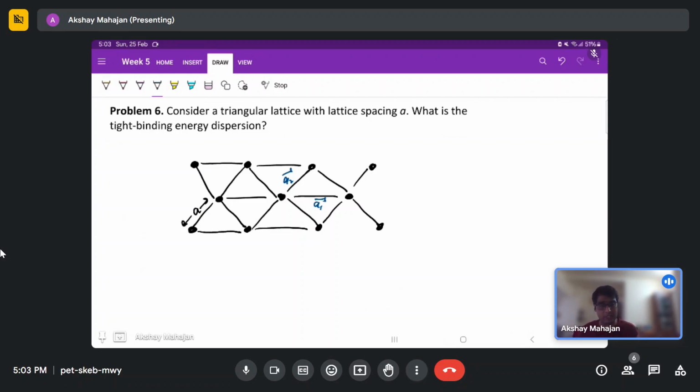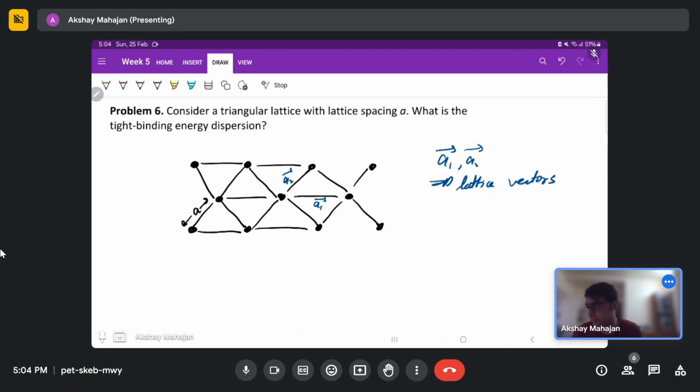In the rectangular lattice, A1 vector was A times x cap and A2 vector was B times y cap. They were just along x cap and y cap. Now these lattice parameters are not along x cap and y cap, but at some angle. So here A1 and A2 are our lattice vectors.